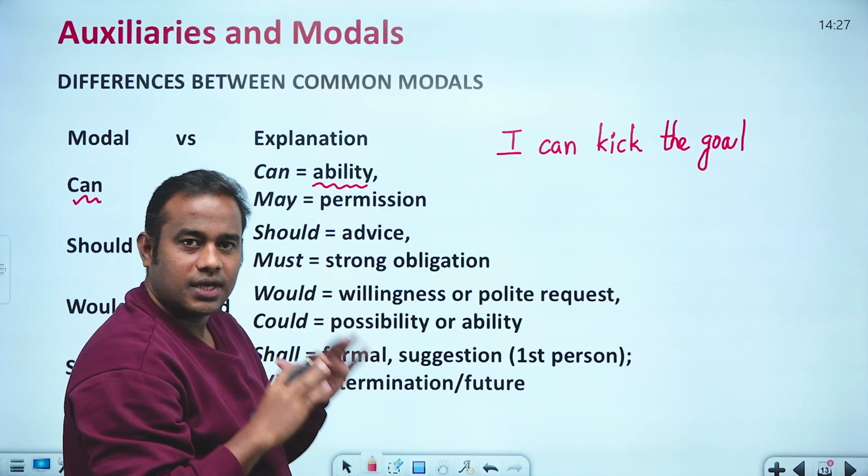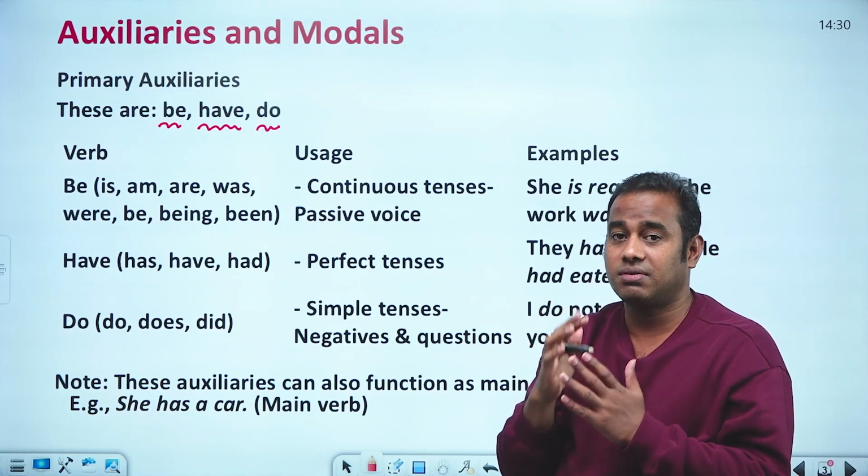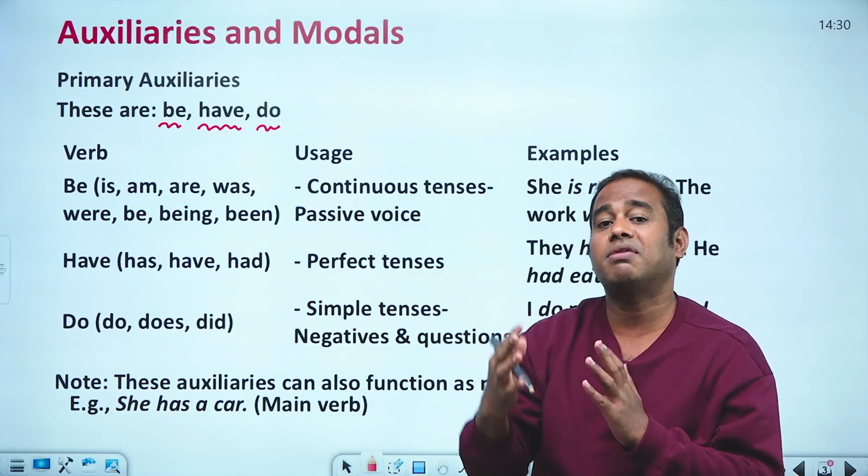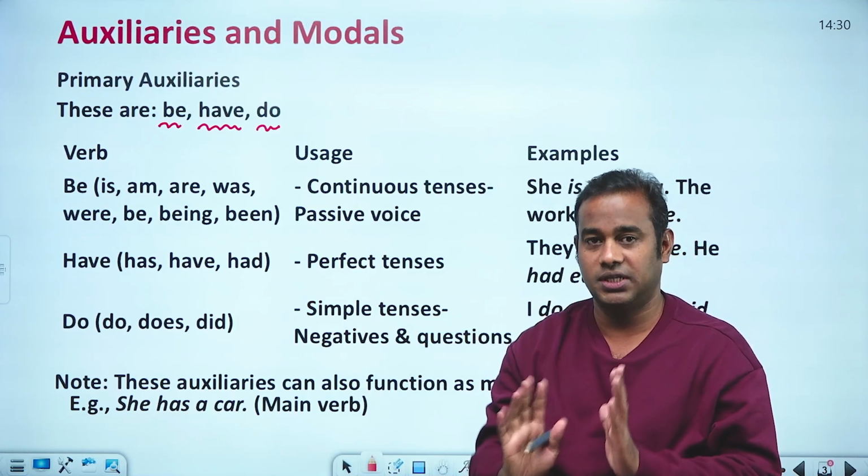The rest, like is, am, are, are derivations of the be verb itself. So the derivations of the be verb are, let me list them out: is, am, are, was, were, be, being, been.